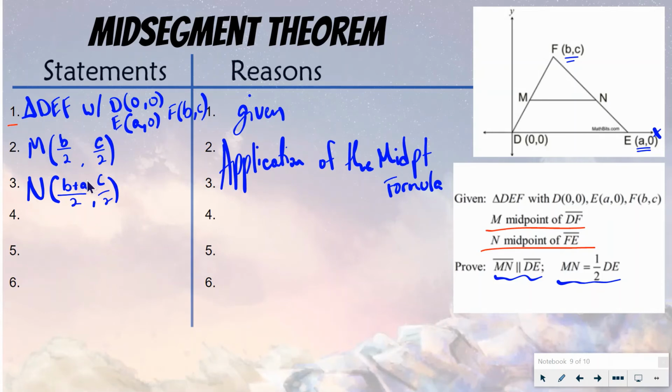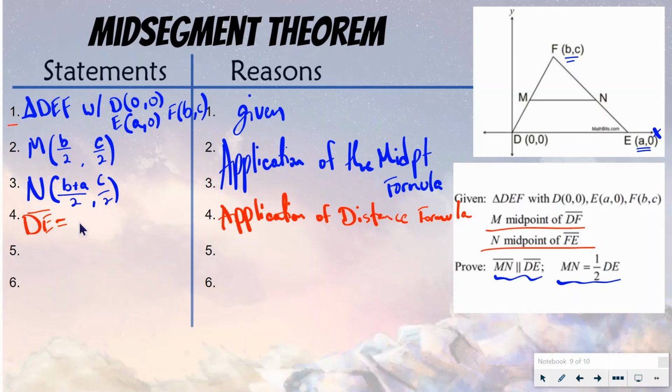So from here, I'm going to apply the distance formula to find the distance of length DE. So that is the square root of y2 minus y1 squared, so that's 0 minus 0 squared, plus x2 minus x1, a minus 0, also squared.